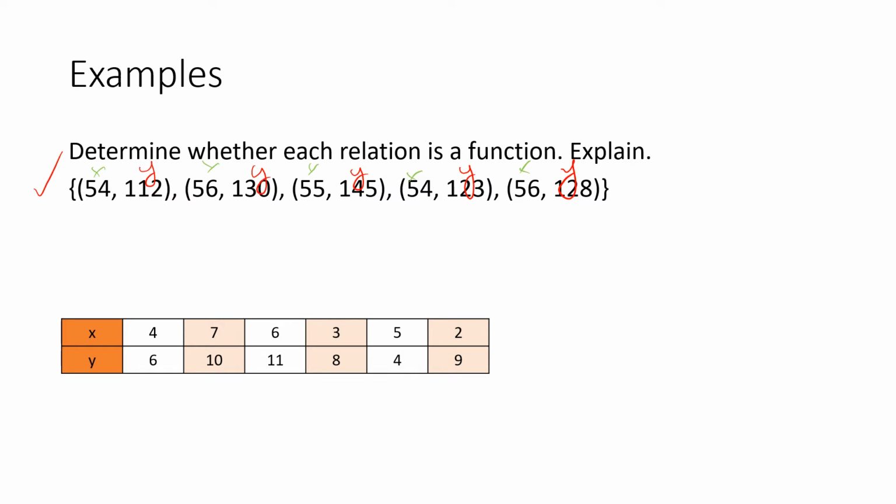So let's take a look. 54, 56, 55, 54, oops. There's a 54, and there's a 54. So already this is not a function. Let's continue though. After 54 is 56 again.